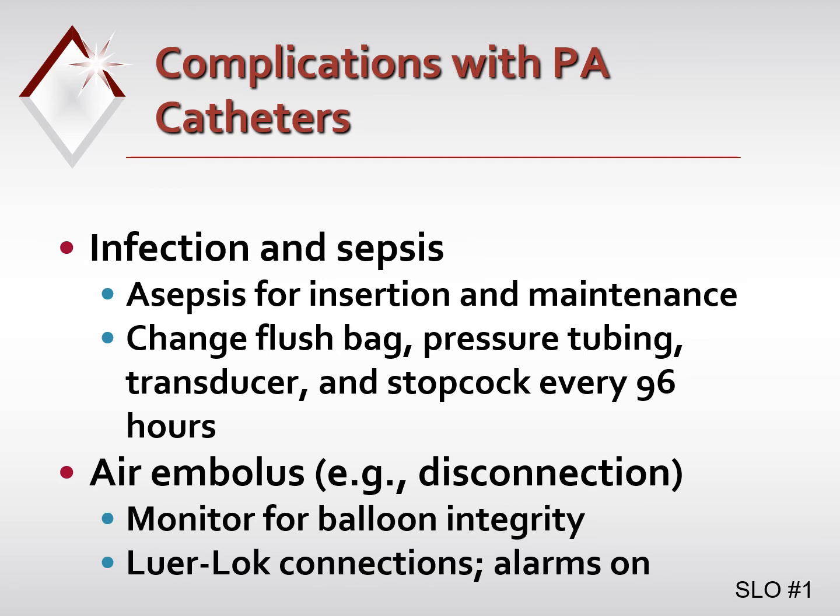So complications with PA catheters: infection and sepsis. As I mentioned before, any invasive line is considered a risk for infection. So very careful sterile technique for insertion, and then making sure that we maintain the catheter using asepsis is required to prevent infection. The skin is usually cleaned with the chlorhexidine preparation, with a sterile occlusive dressing, a large Tegaderm.